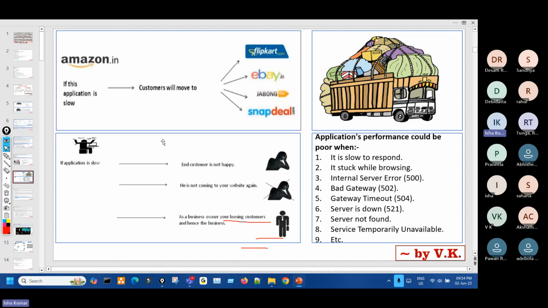But in sectors where competition is there, any sector you take, such as e-commerce, food booking, banking apps, so many banks are there. If they do not give good service, the customer will go to another. Anyone will go. But if a monopoly is there, then we have to stay.